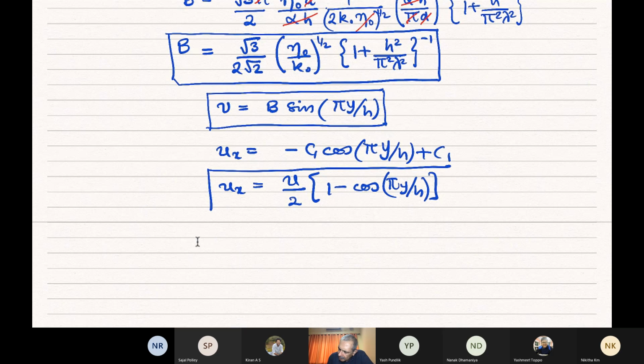Okay, so you have a really simple solution at the end for both the temperature and the velocity in terms of everything we know. So here is the constant B, and that gives us this fluctuation velocity. But the mean velocity is just dependent on U and H, that's it.